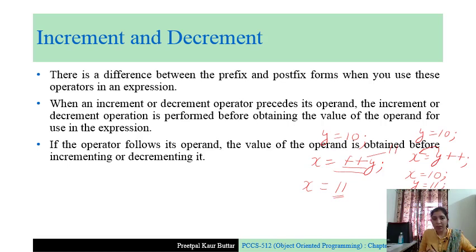The increment operation will be performed. In this expression, the value of y will be incremented to 11, and then the value obtained will be used in this expression. The value which we obtained after performing this operation is 11. It will be used in this expression, means it will be assigned to x.